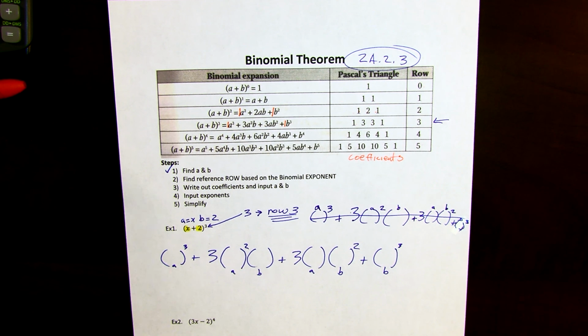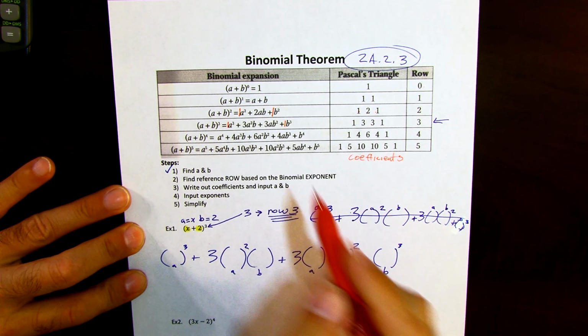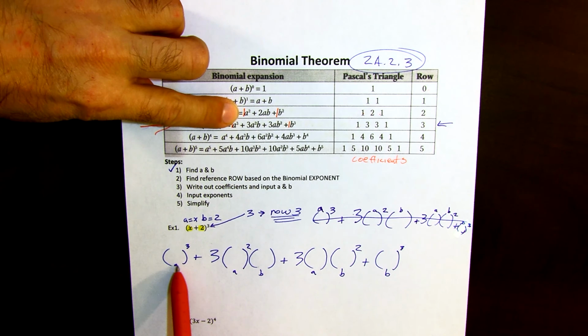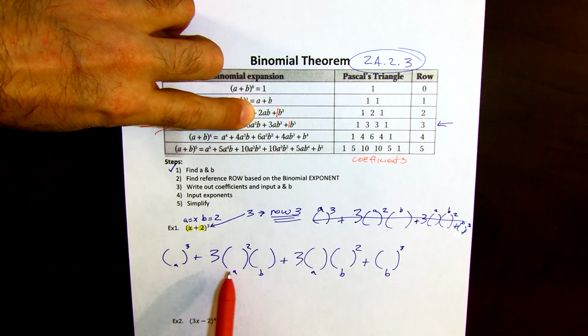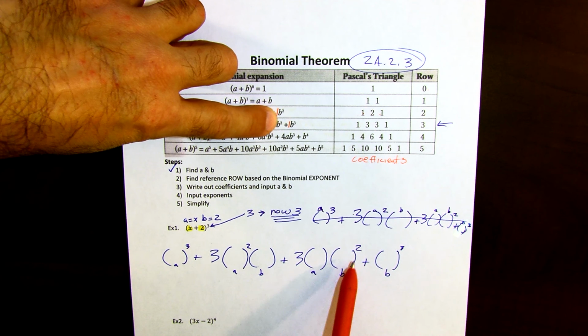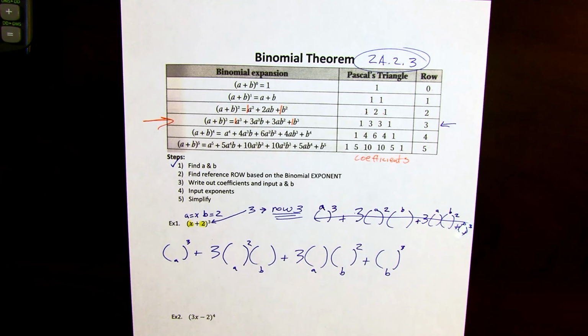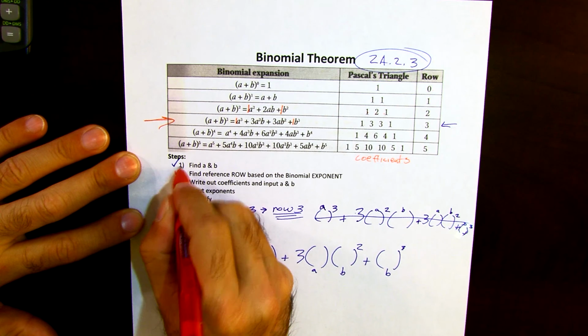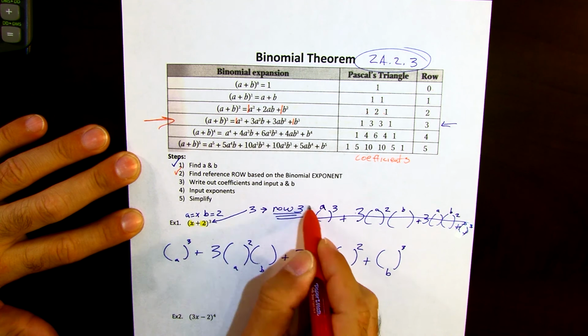But once you have your template, which came from row 3, look, 1A to the third plus 3A squared B plus 3AB squared plus B to the third. So now all we have to do is find the reference row based on the exponent. We did that.